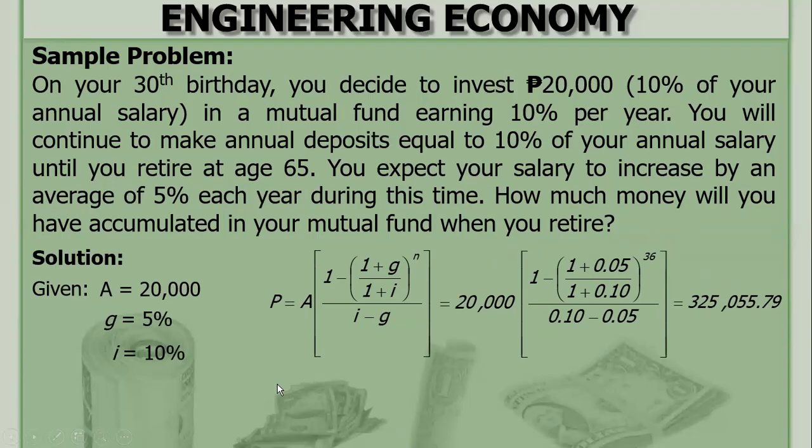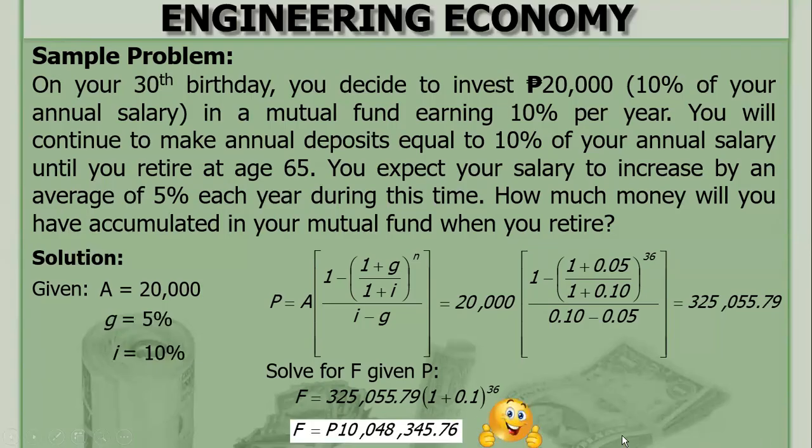So you solve for F given P. Simple formula for compound interest, P times 1 plus I raised to N. It's 10,048,345.76.